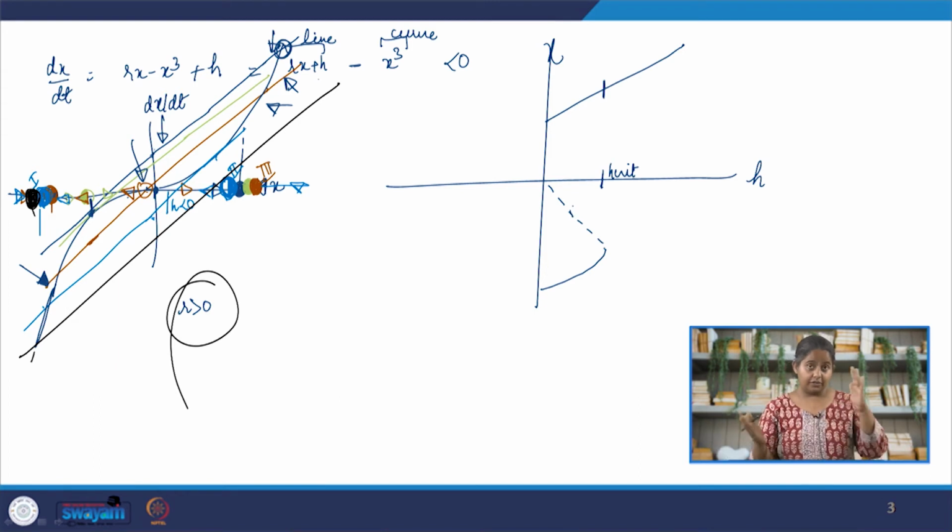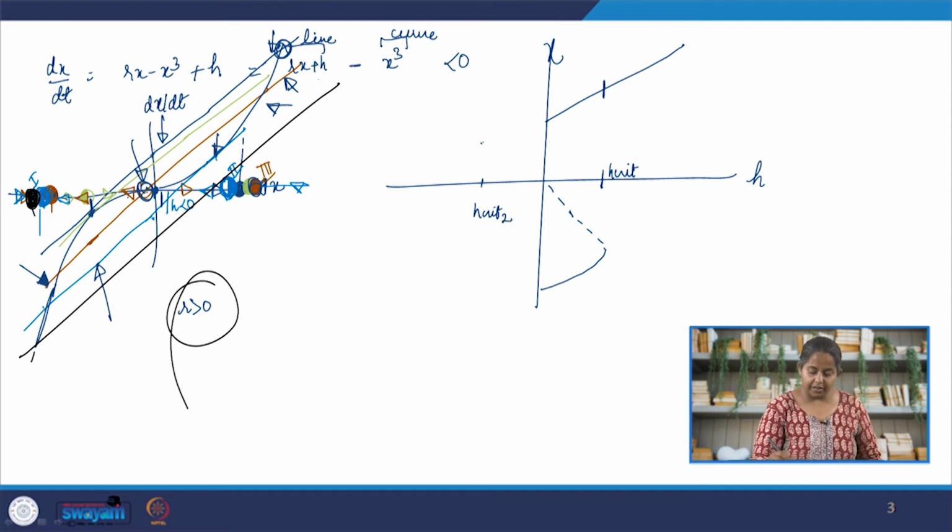Now keep reducing the h. As I keep reducing the h, my line is now represented by this lighter blue line, and what I can see is that this fixed point and this fixed point here will merge into a single fixed point. As we reduce h to a particular critical value, we have reached the second critical value of h, the negative critical value, negative h critical.